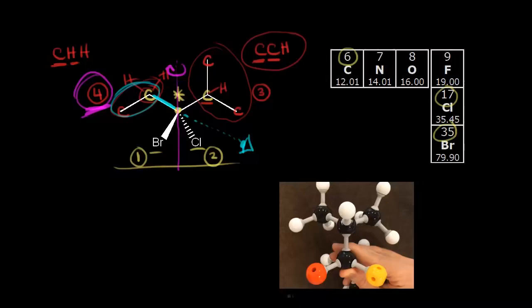So here's what we saw when we stared down our carbon-carbon bond. So this carbon is our chiral center, so that's this one right here. And then I used red for bromine, and then I used yellow for chlorine. So we can see that our bromine is to the left here, and this was the highest priority group. The chlorine is to the right, that was the second highest priority.